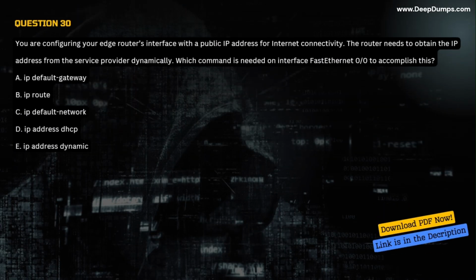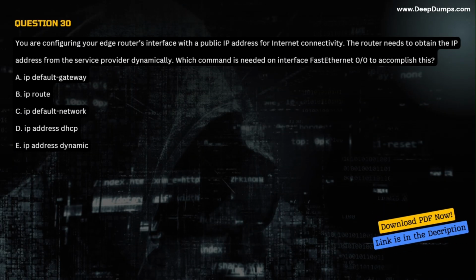Question 30. You are configuring your Edge router's interface with a public IP address for Internet connectivity. The router needs to obtain the IP address from the service provider dynamically. Which command is needed on interface FastEthernet 0/0 to accomplish this? A. ip default-gateway. B. ip route.